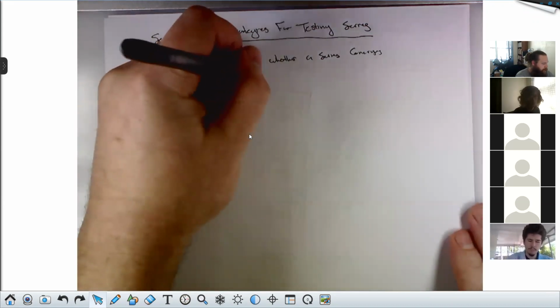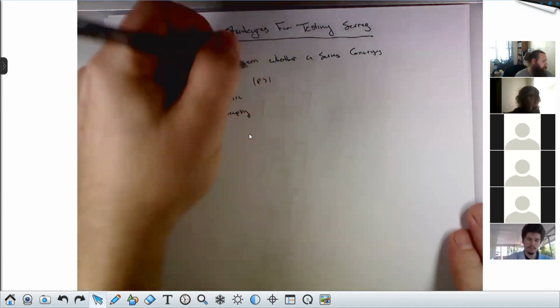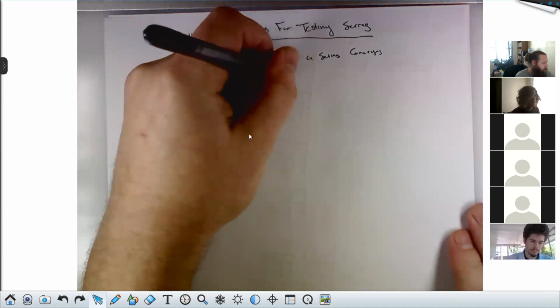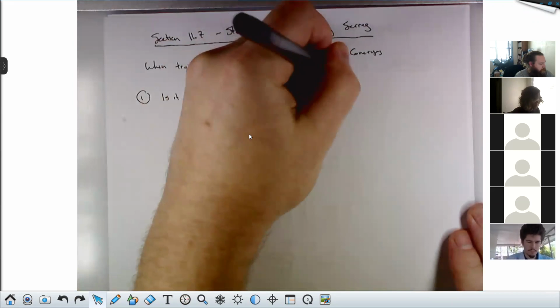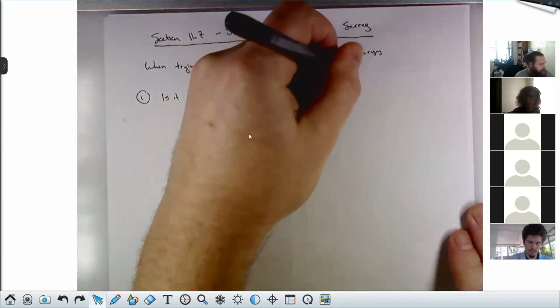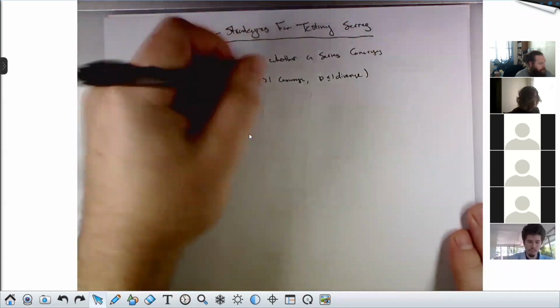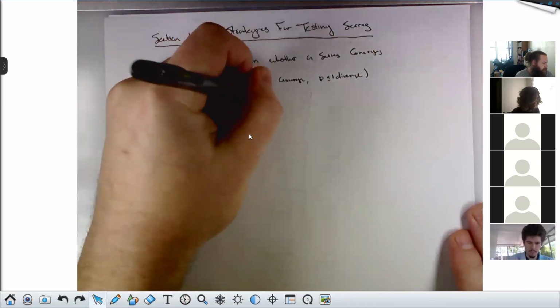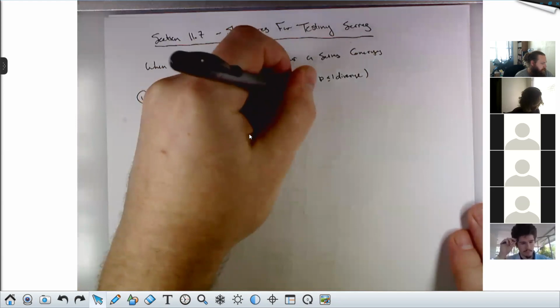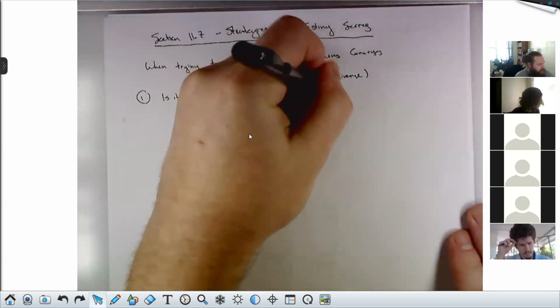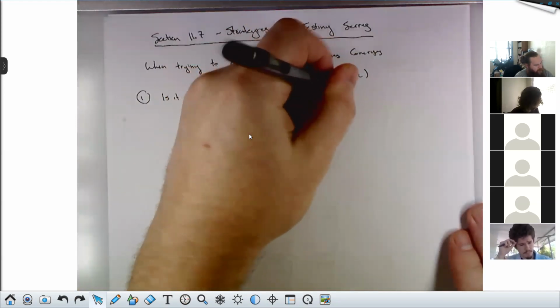Remember, p-series converge if p is bigger than 1, and diverge if p is less than or equal to 1. Geometric series converge if the absolute value of r is less than 1, and diverge if the absolute value of r is greater than or equal to 1.